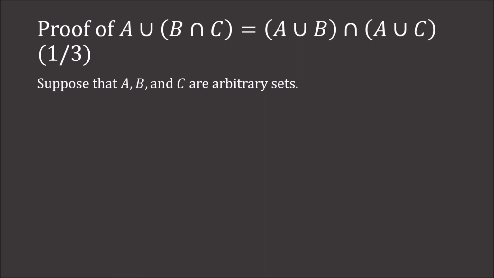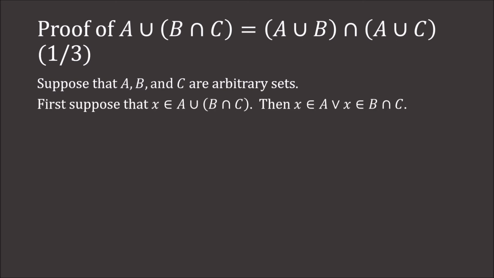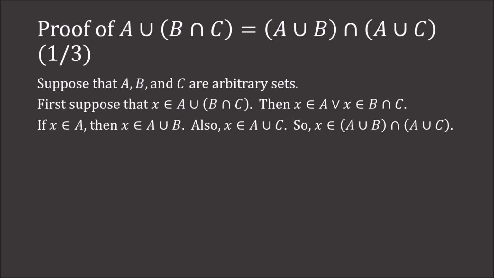Now let's suppose that X is in A unioned with B intersect C. Then X is in A, or X is in B intersect C. If X is in A, then X must also be in A union B. Also, X must be in A union C.